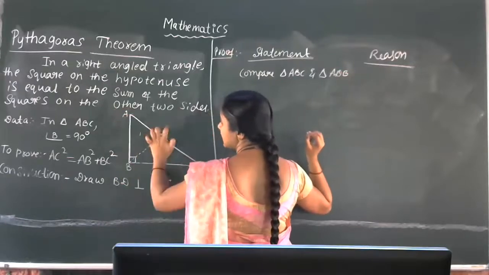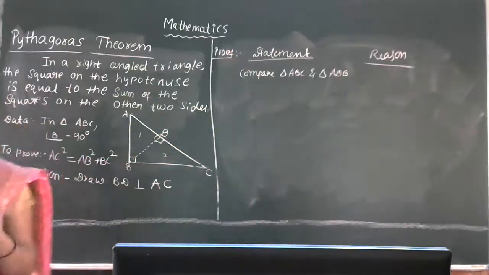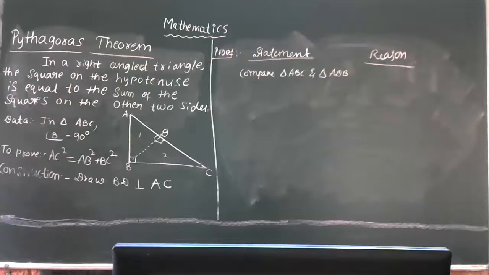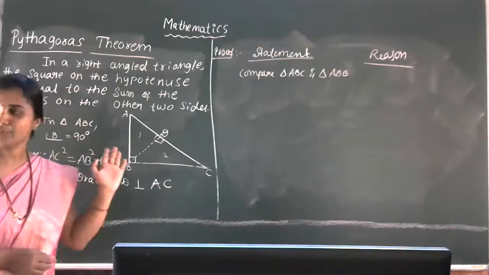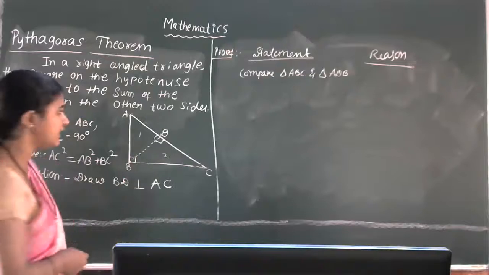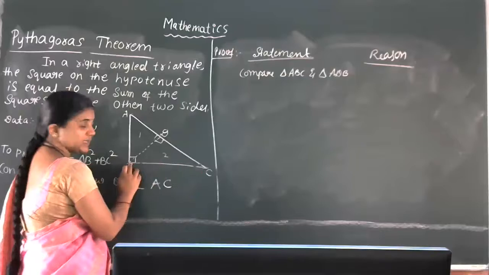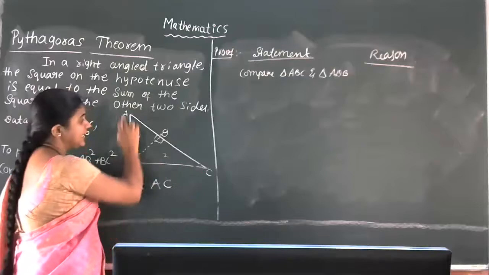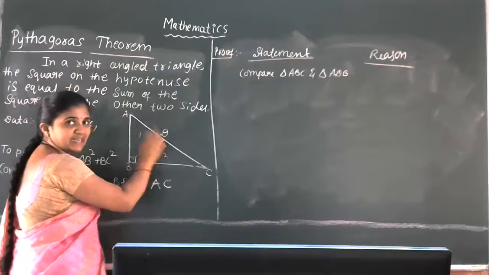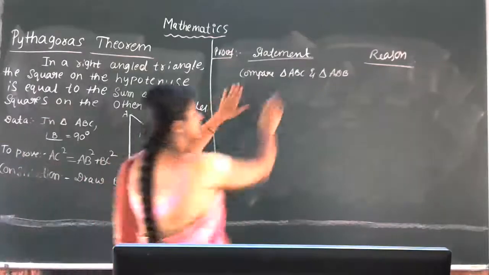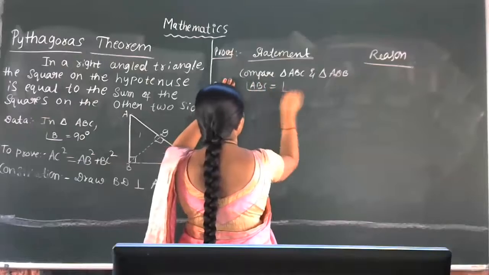But now you take these two triangles. These two triangles are similar. So now we can easily write the corresponding sides are in proportion. That is AB divided by AD is equal to BC divided by DB, which is equal to AC divided by AB.